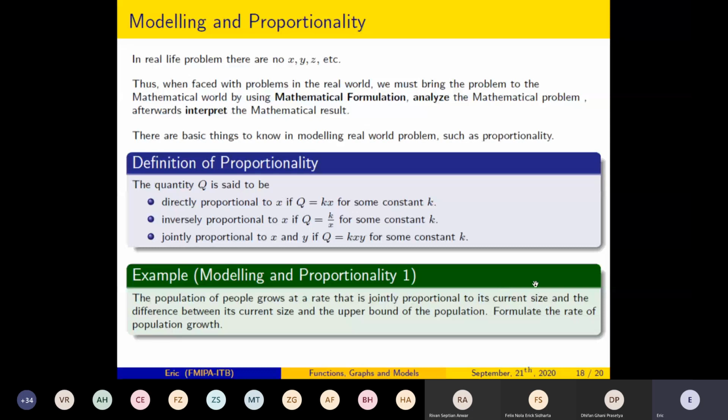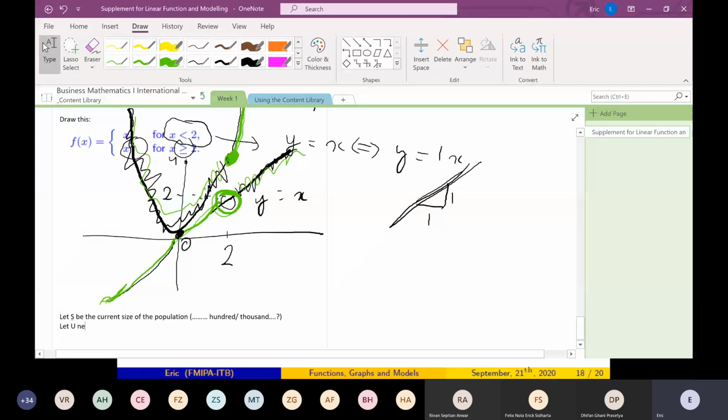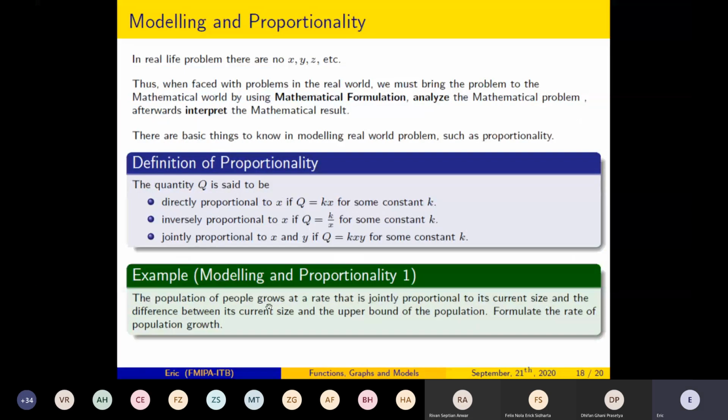Okay, let S be the current size. Let U be the upper bound of the population. Formulate the rate of the growth of population.